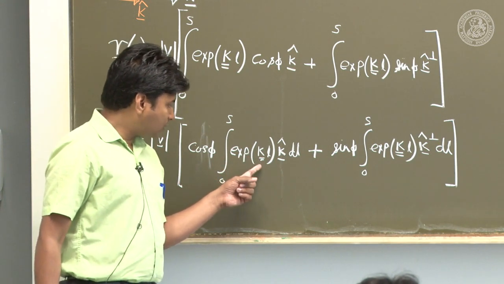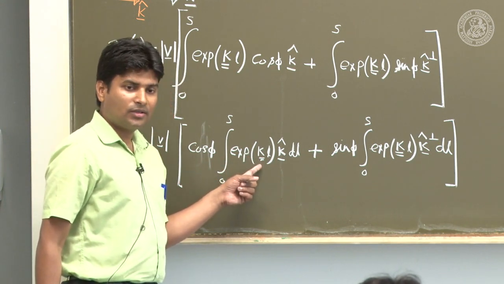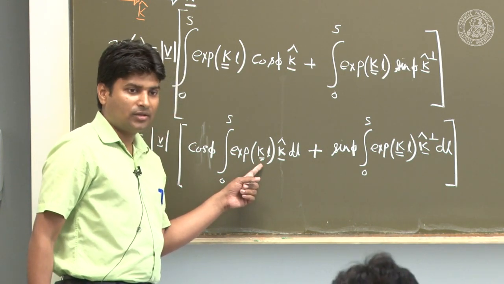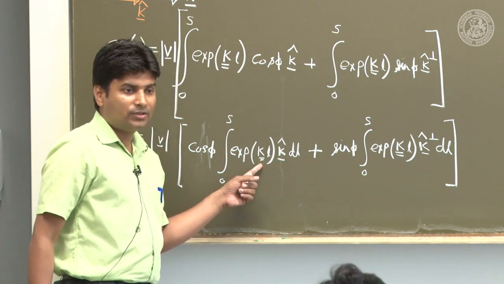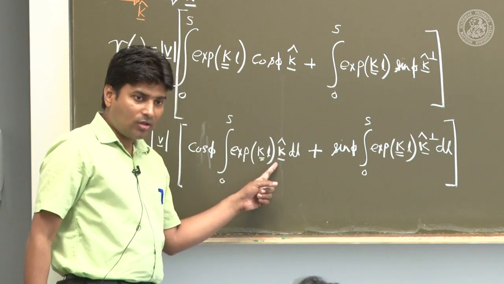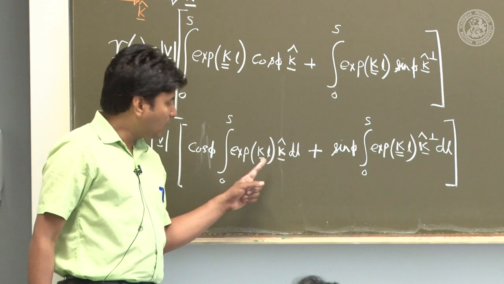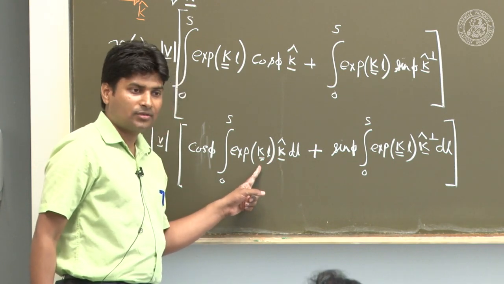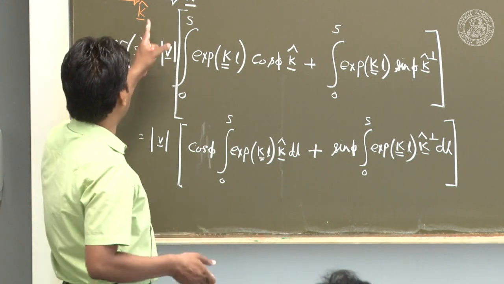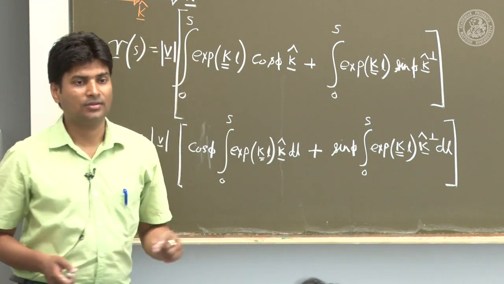And what's the axis of this rotation matrix? It's nothing but the axial vector of K, which is same as your little k. So that's going to point along K hat, right? So the axis of this rotation matrix is same as K hat.